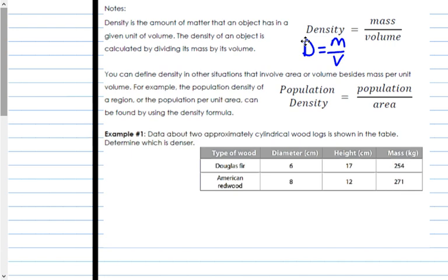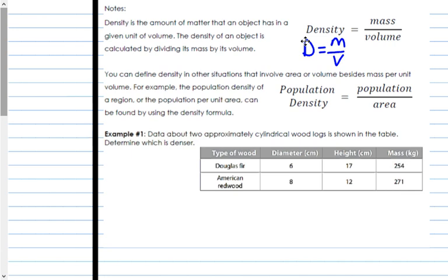If you think about the amount of people that live in the Everglades versus the amount of people that live in Cape Coral, Cape Coral is denser than the Everglades. There are more people that live in the same size area in Cape Coral than do in the Everglades. So population density in real life is how crowded is a place.